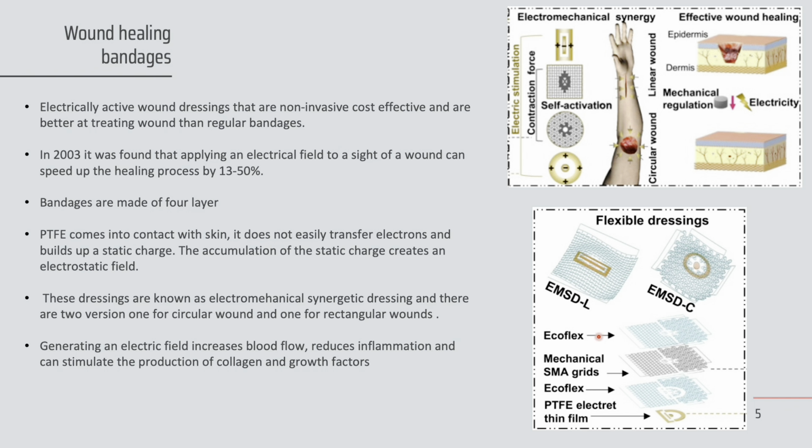Here are the 4 layers that make up the bandage: the polytetrafluoroethylene electric thin film, the Ecoflex, and so on. And then the EMSDC and the EMSDL are the 2 different types of dressing, the circular one for circular wounds and the rectangular one for the linear wounds.